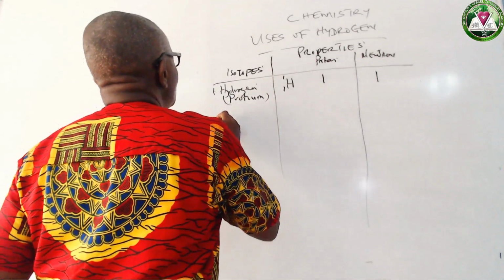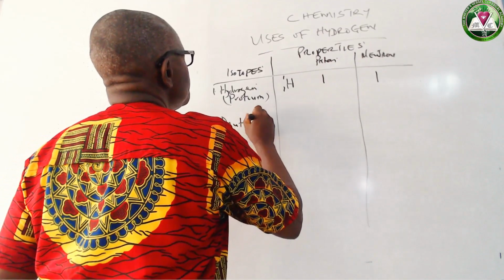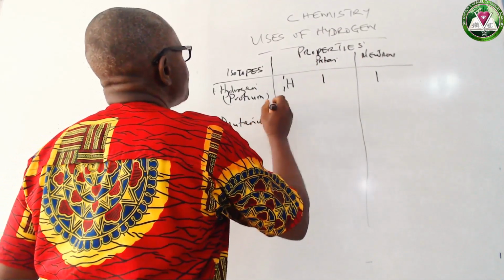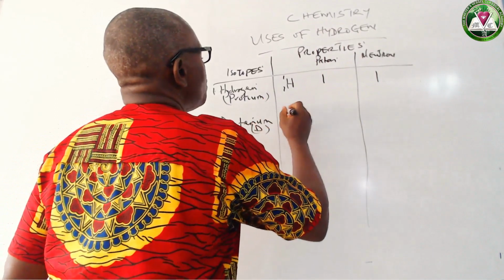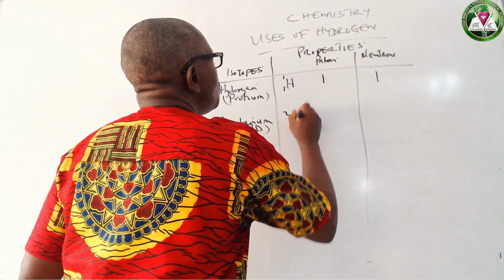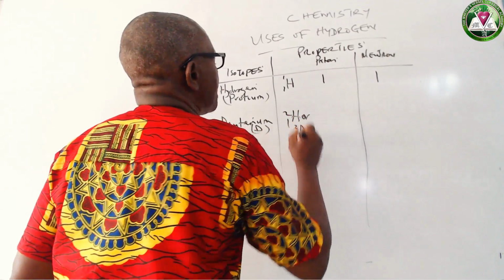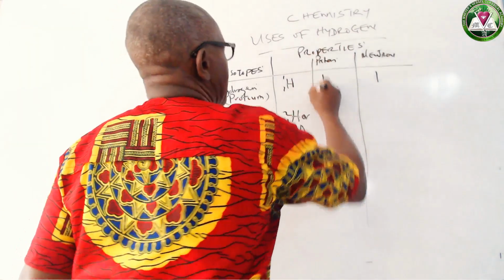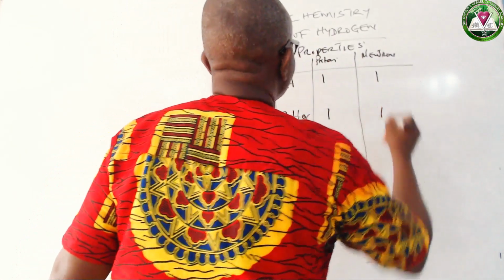Then you have 2, deuterium. Sometimes it's represented as D. Then you have 2H1 or D 2 1. That means that it has 1 proton and 1 neutron.